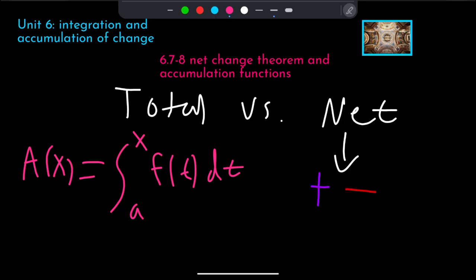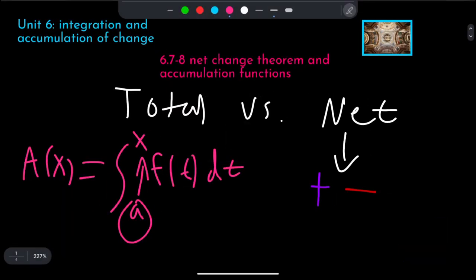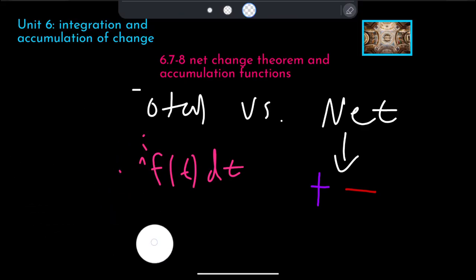This tells you how much of what's happening has accumulated from a starting point, a, all the way to x. If you graph f of t, then A of x is the area under the curve from a to x. Let's go over our first example.